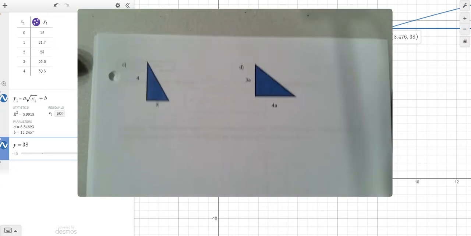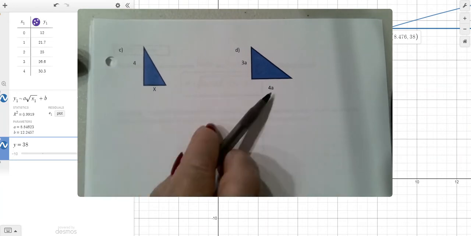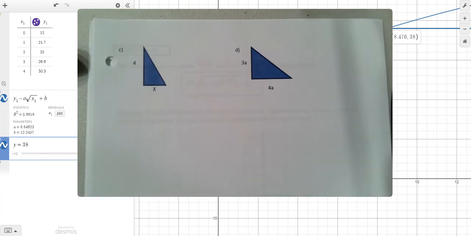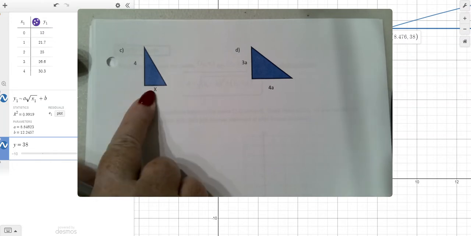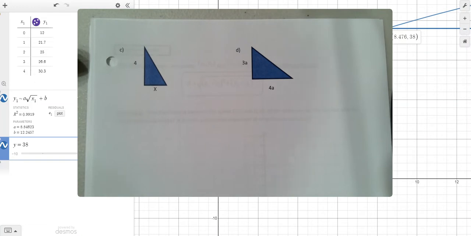All right, I have a couple more. These last two don't have numerical values for the given sides. They have some variables already in them. And so instead of getting a numerical value for the third side, what I'll end up getting is an expression that contains an x or contains an a for my third side.